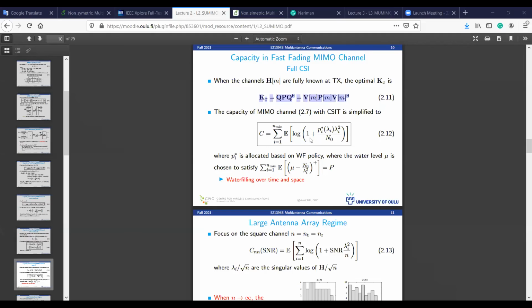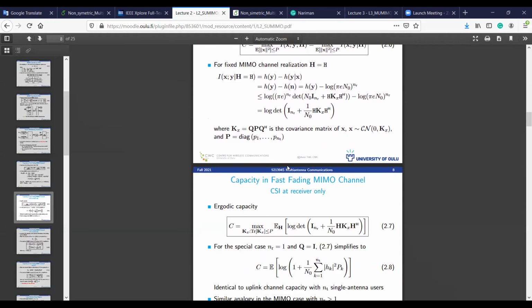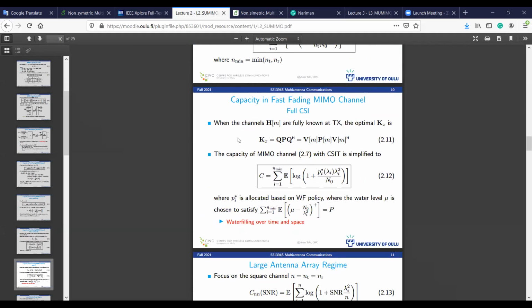Okay, so KX1 is simply P1 V1 V1 Hermitian.